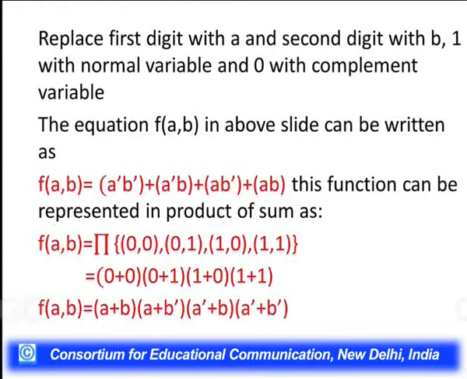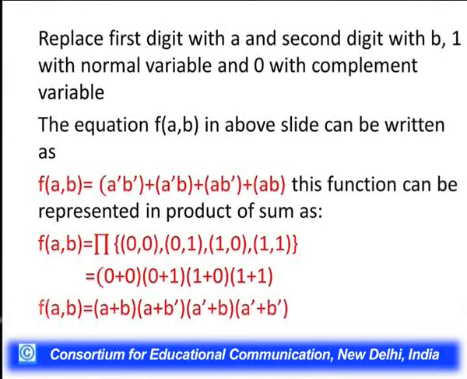This function can be represented in product of sum as f(a, b) equal to pi, that is, product (0,0), (0,1), (1,0), (1,1).